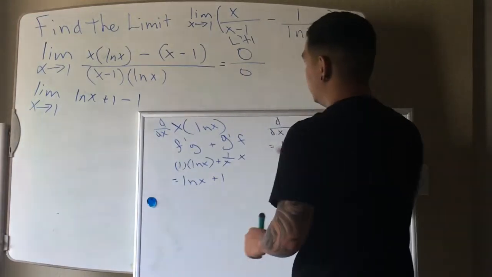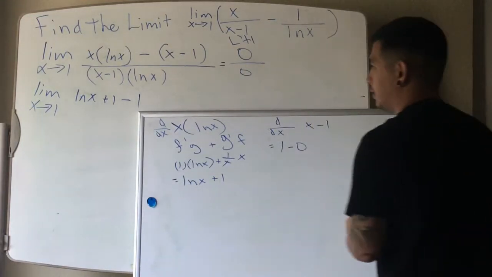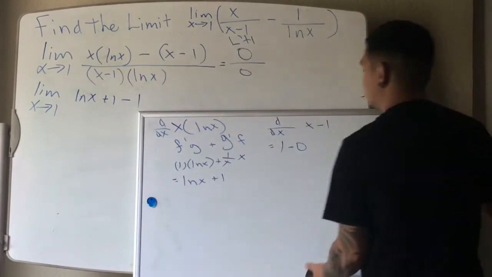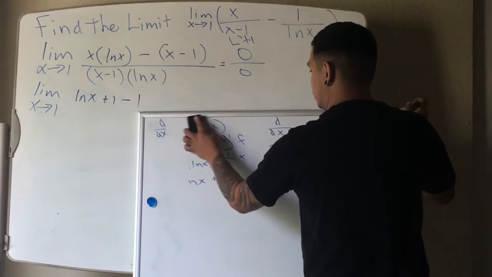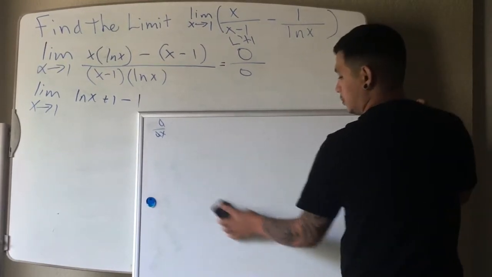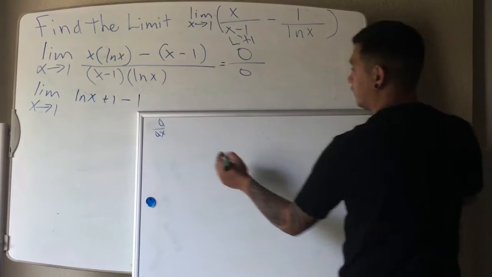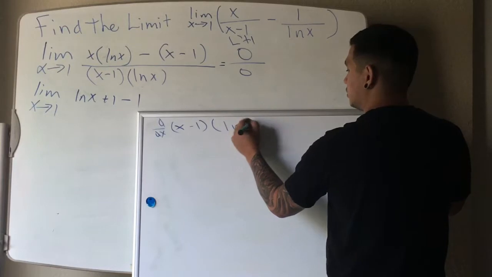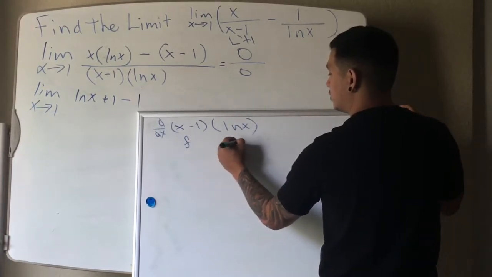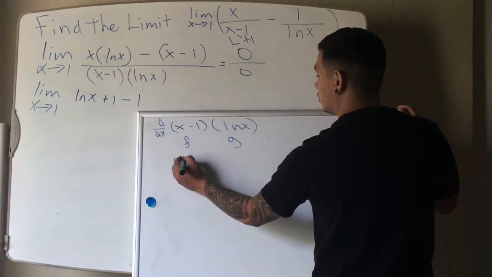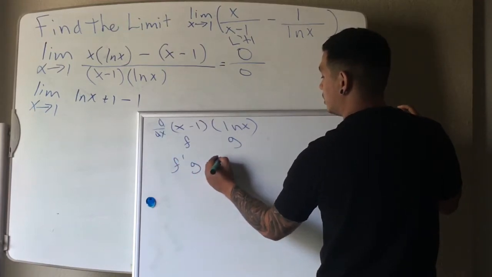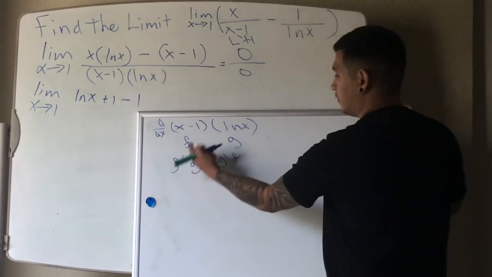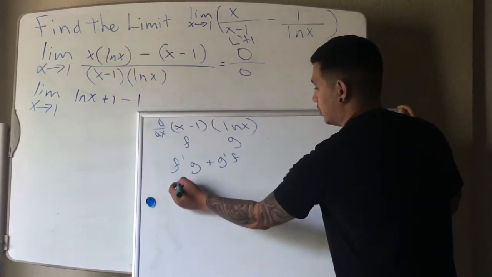Okay, then we take the derivative of the bottom. So that's a product again. So we're gonna do the derivative of x minus 1 times ln x. So this is our f and this is our g, and the formula goes f prime g plus g prime f, right? So we're going to take the derivative of f, which is 1.